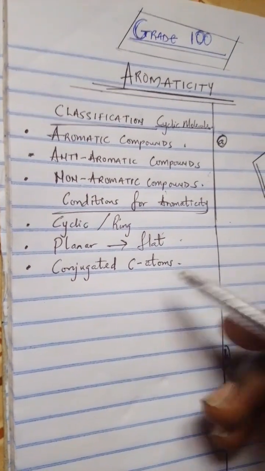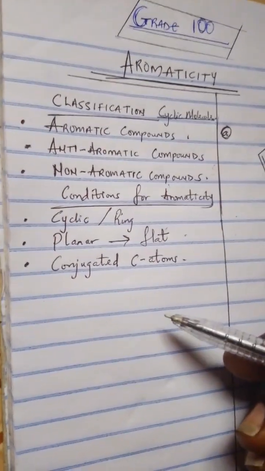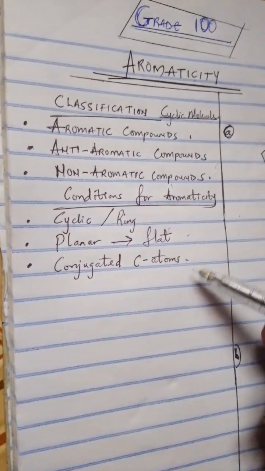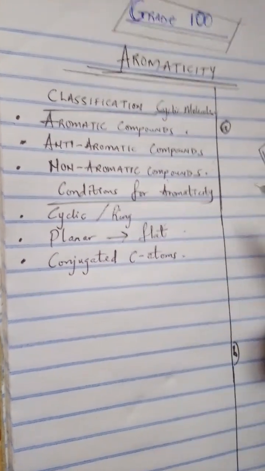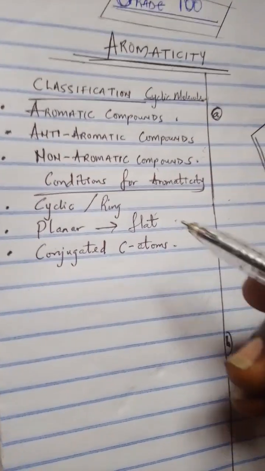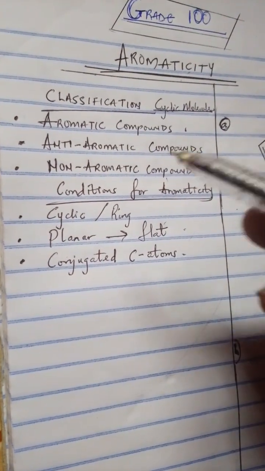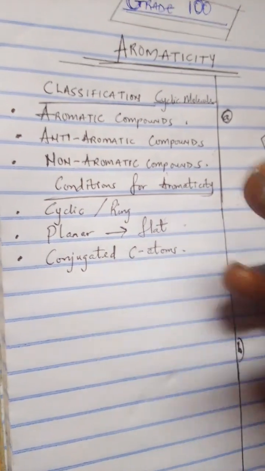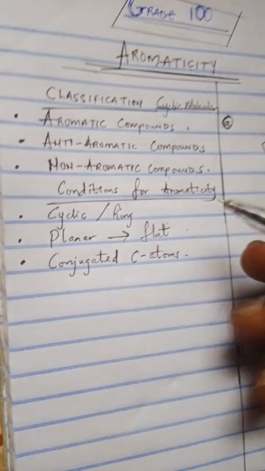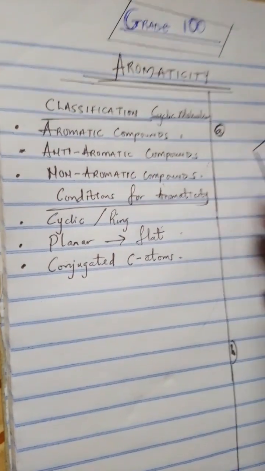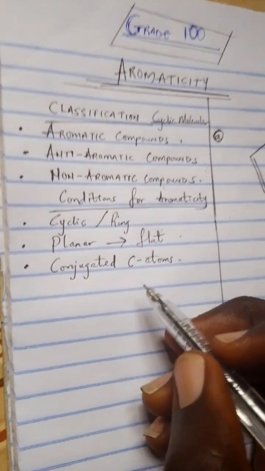For conjugated carbon atoms, what it means is that in that cyclic planar structure, all the carbon atoms there must at least be attached to a double bond, or must at least have a lone pair, in the case that we will only have sp2 hybridization.